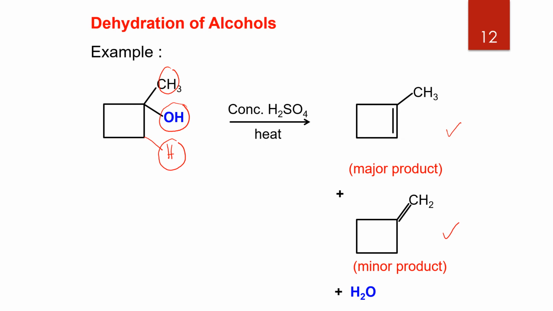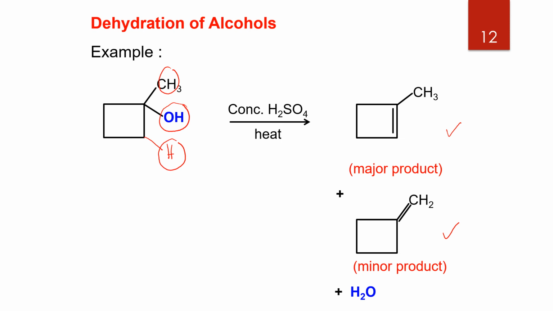Since we have two products that can be produced, how can we determine which one is the major product? By applying Saytzeff's rule, the alkene that is more stable, with the more highly substituted carbon-carbon double bond, having more alkyl groups, must be the major product.